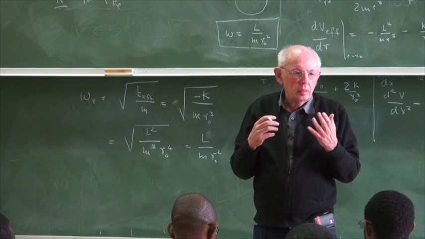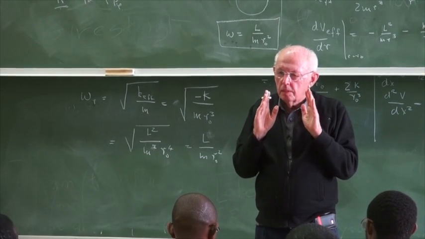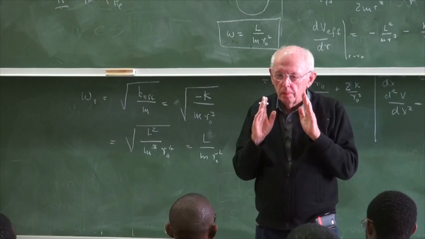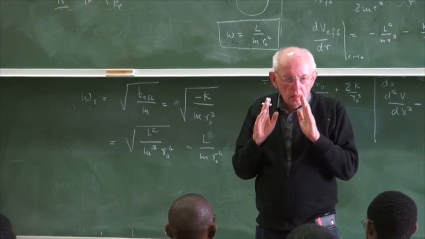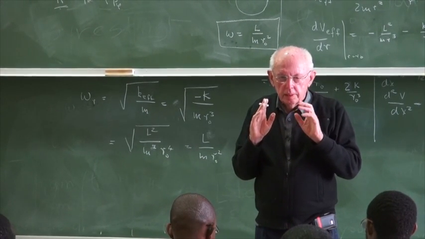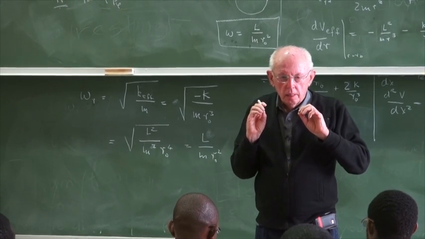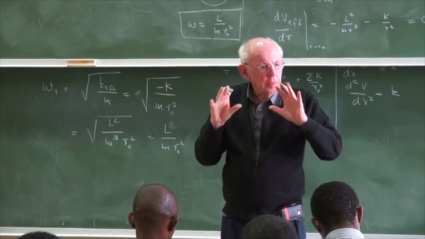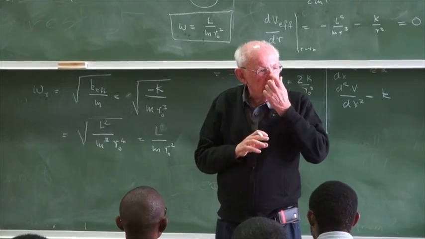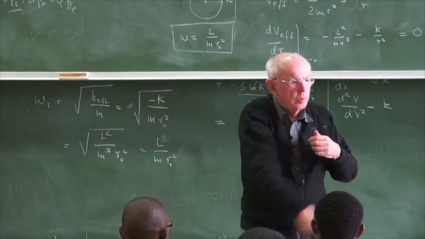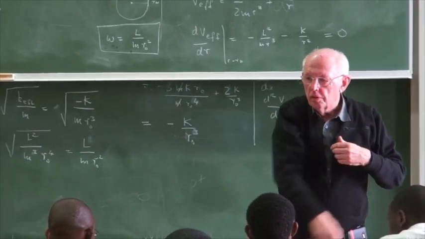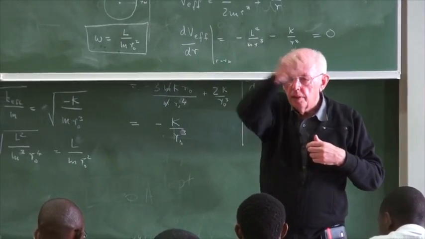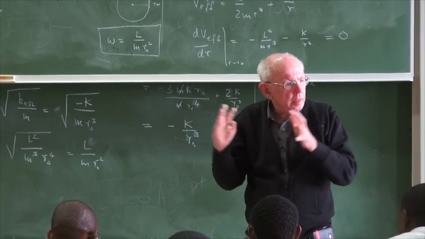So there is another symmetry in the problem. The problem actually tells us there is a symmetry here which we haven't really taken care of. I mean, we know about the angular symmetry, the rotational symmetry, but here there's another symmetry.